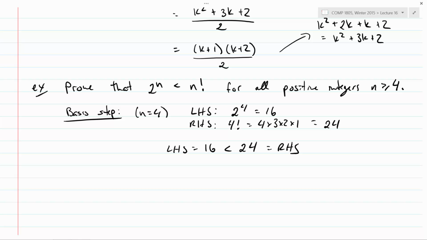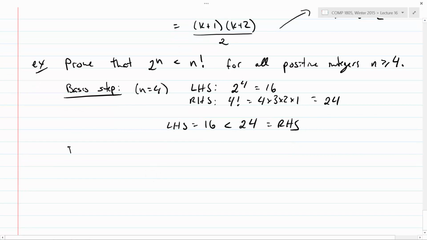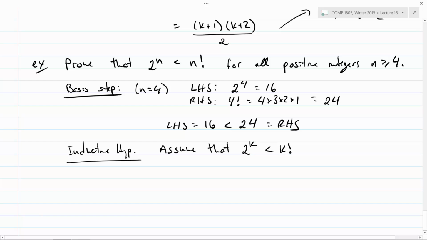All right, so now we do our inductive hypothesis. And that is: assume that 2 to the k is less than k factorial for some arbitrary or fixed k.